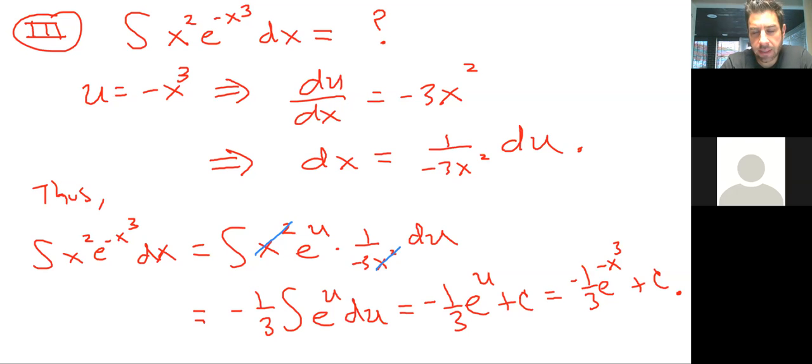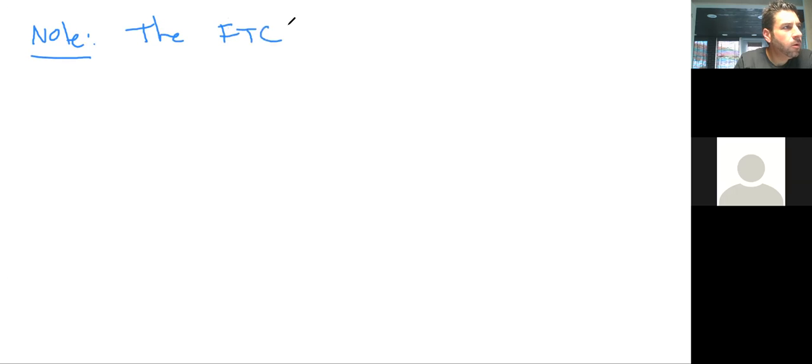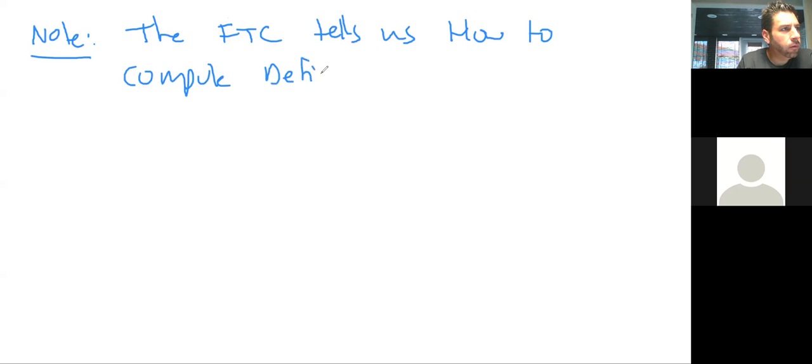We didn't really discuss that yet, but the fundamental theorem of calculus tells us how to compute definite integrals by substitution. So remember, a definite integral is one that has bounds.